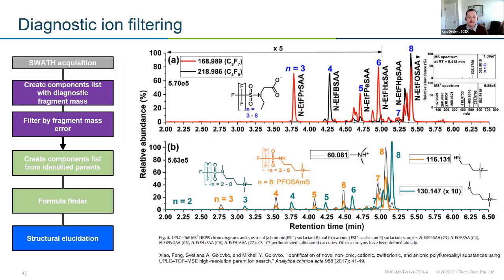So if you think of fentanyl, you can think of different versions of fentanyl that have been synthesized to not be fentanyl. So maybe you added a methyl group, for example, or an alcohol. But fentanyl's backbone is always going to be the same. So some of those fragments are always going to occur, even though the mass is slightly different because you've added a methyl group, for example.